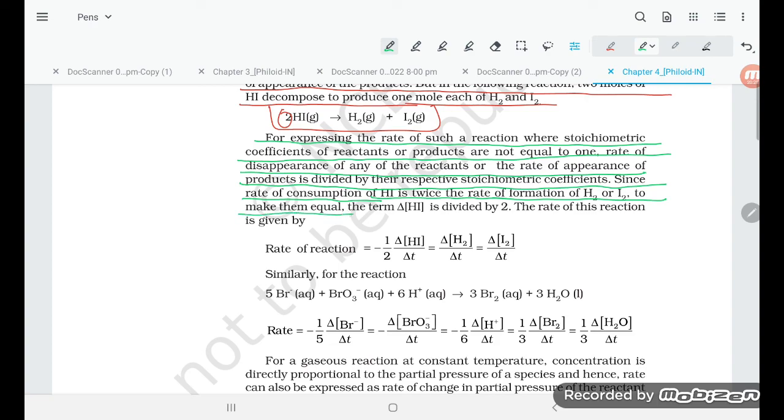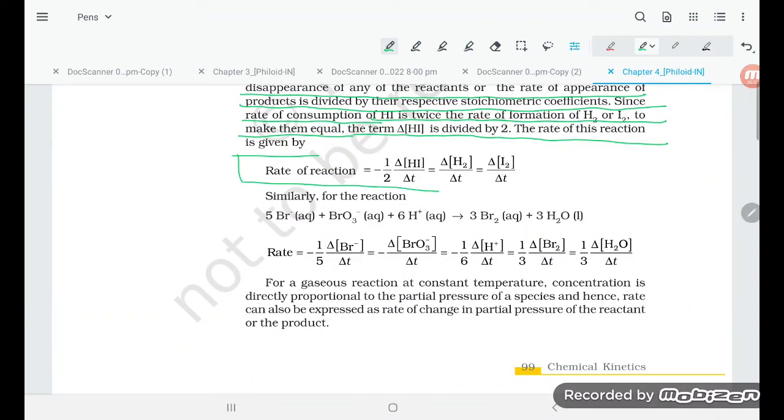To make them equal, the term for HI is divided by 2. The rate of the reaction is given by 1 by 2, minus d[HI] by dt equal to d[H2] by dt equal to d[I2] by dt.